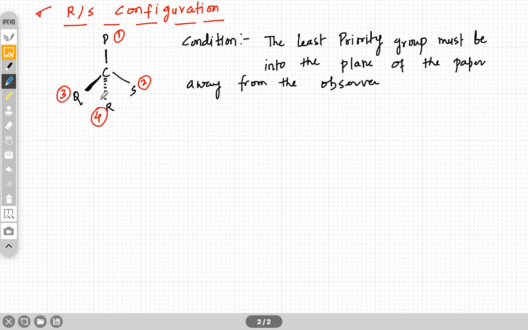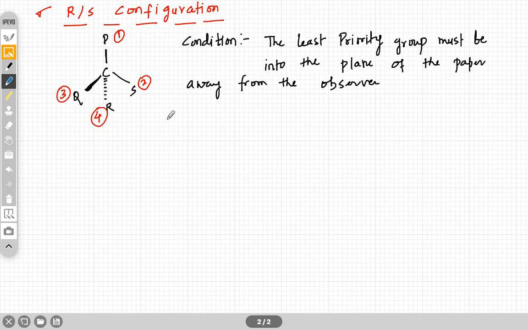Then what you have to do, you have to start from the highest priority and go till the third highest priority. That is 1 to 3rd you have to travel.